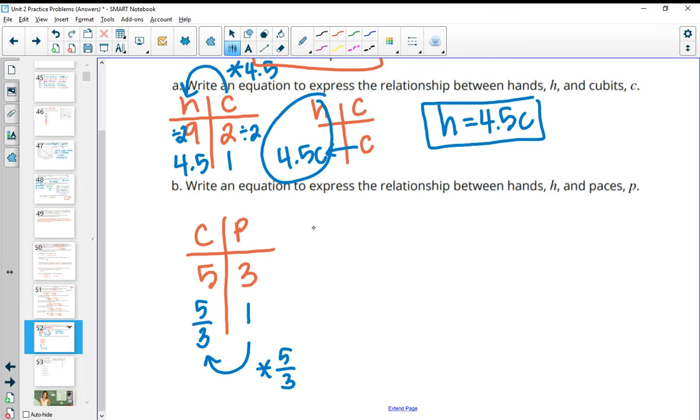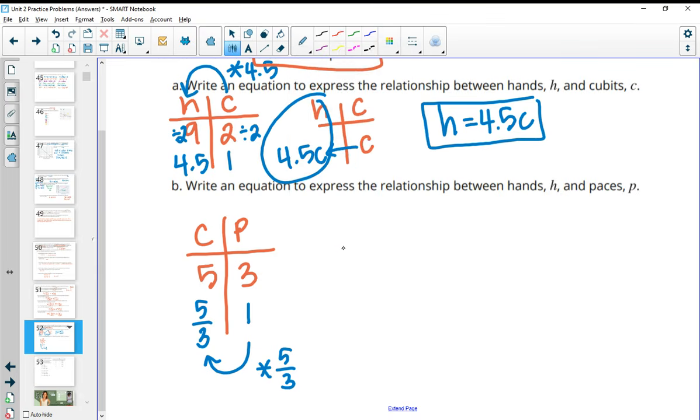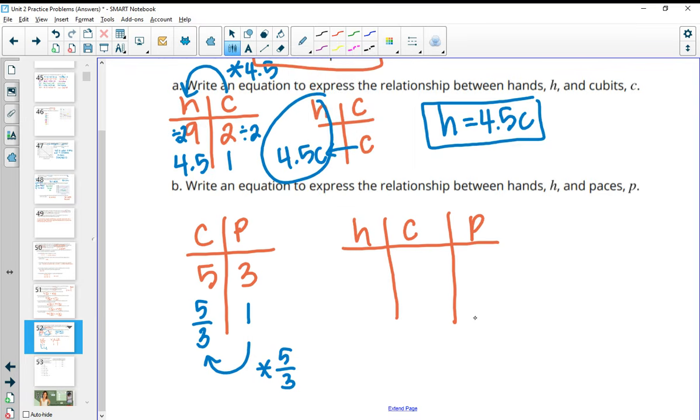So let's put this into a larger table to kind of connect this. So here we have cubits to hands, and then we also did paces to cubits. So to go from paces to cubits, we multiplied by 5/3.